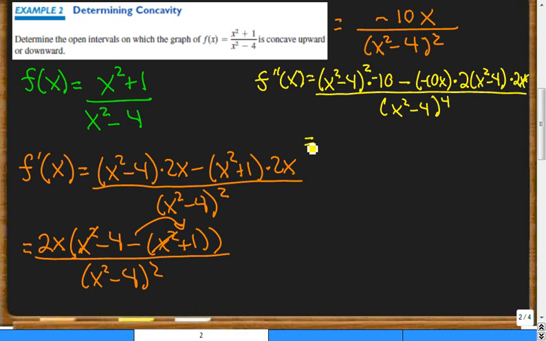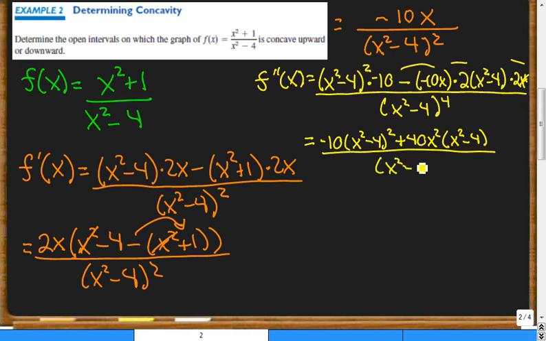And so we continue, and this is negative 10 times x squared minus 4 squared. And then to simplify the rest of this, this becomes a positive 10x times 2 is positive 20x, times 2x gives us positive 40x squared times x squared minus 4. So then we divide this by x squared minus 4 to the fourth.